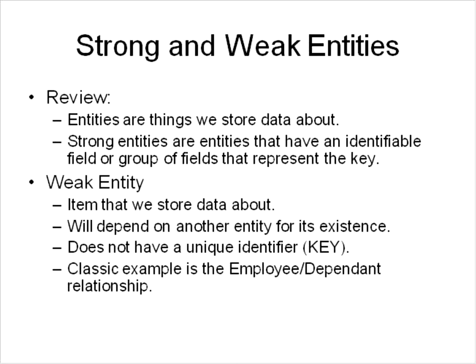The partial key, D name, is dash underlined, or dot underlined, however you want to call it, and that's because the dependent is a weak entity. In the Chen-like ER diagram, we depict a weak entity with a double rectangle. So you will notice that the weak entity has a double rectangle.